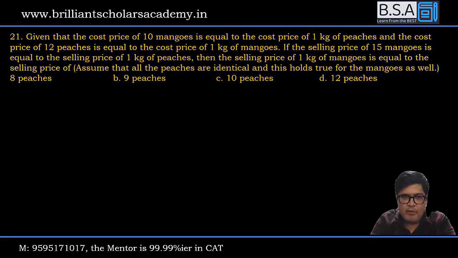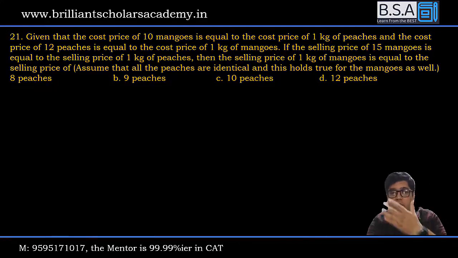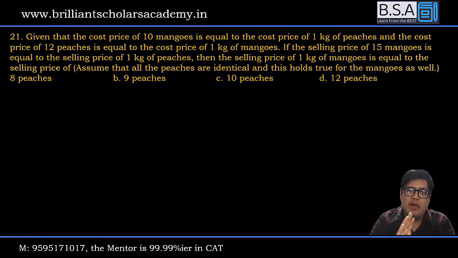Then I might be able to solve this in some way or other. So deliberately, the relation is being hidden: 1 dozen is what kilogram, or 1 kilogram is how many dozen. Basically, dozen kilogram relation is hidden from you.